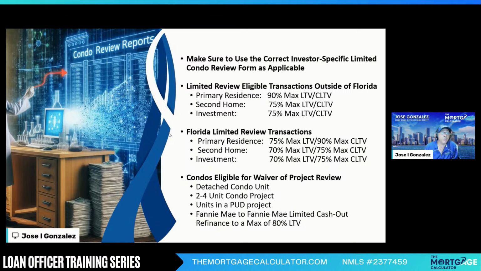So those are more relaxed guidelines than Florida below for the limited review condo loan, because there we have primary residence 75% max on the first and 90% CLTV. That's where our HELOC combo purchase loan comes into play, where you go 75% LTV on the first, right?